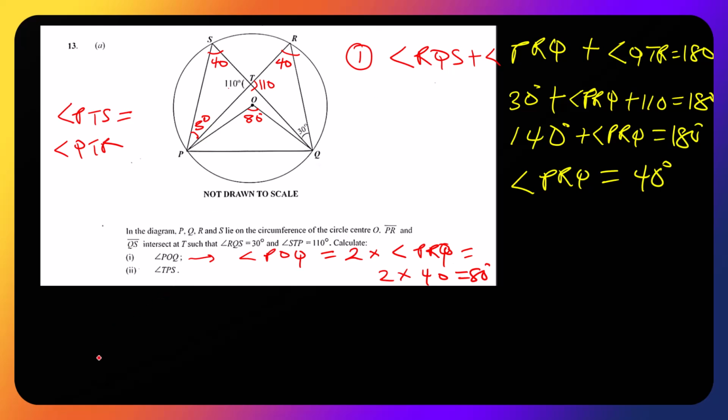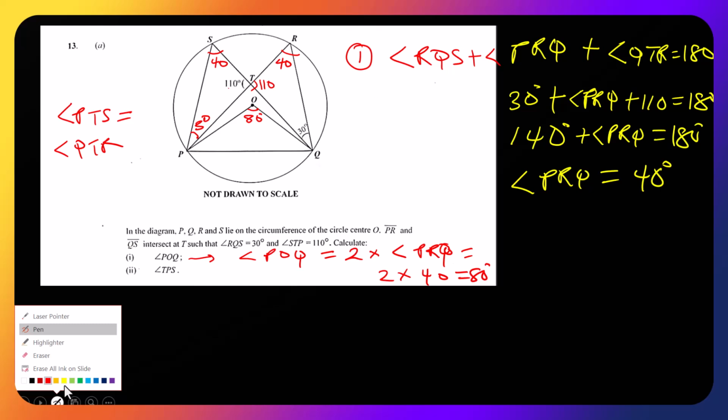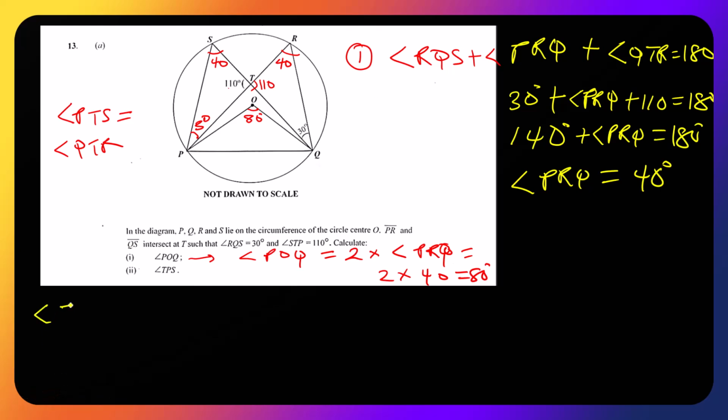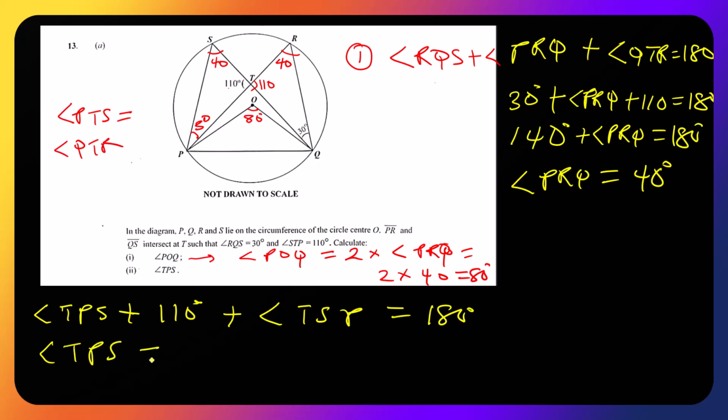So angle TPX plus 110, plus angle TXP, which is also 40, equals 180.